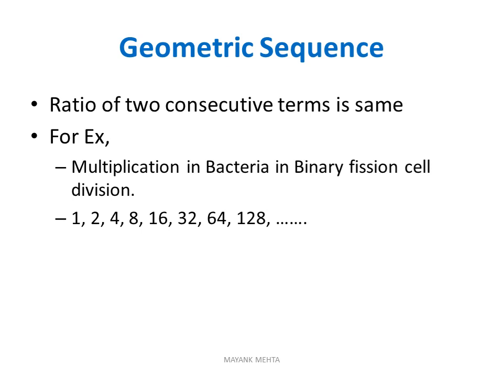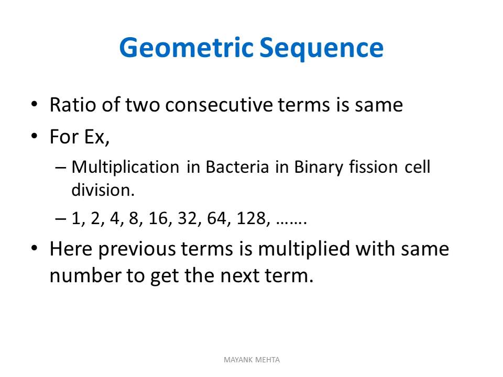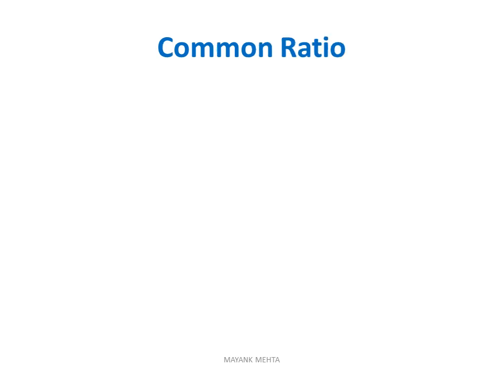This is the basic common example of GP. Here the previous term is multiplied with the same number to get the next term. That basic ratio is known as the common ratio.